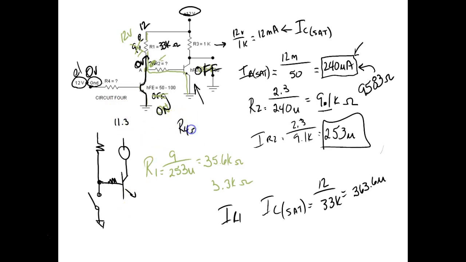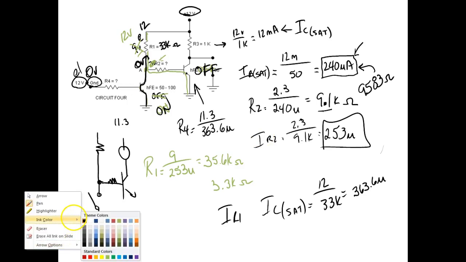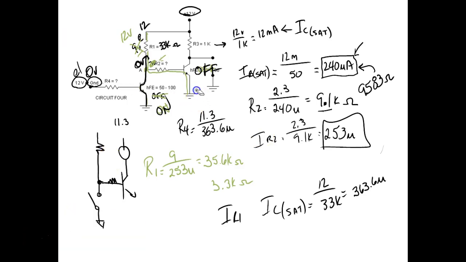R4 is going to drop 11.3 divided by 363.6 micro. Oops, don't pay attention to that error, guys. I don't want to confuse you.